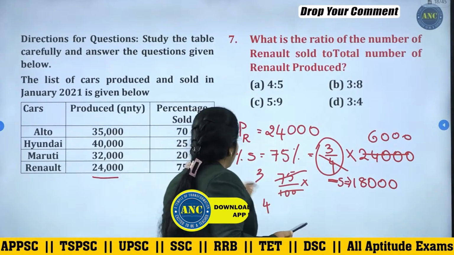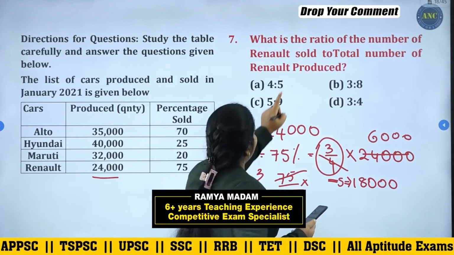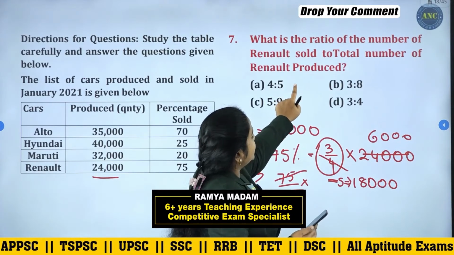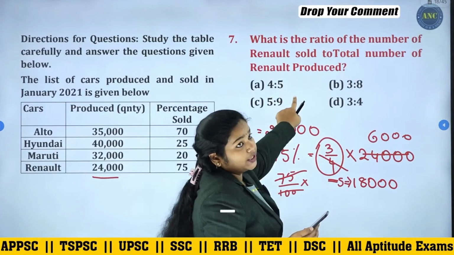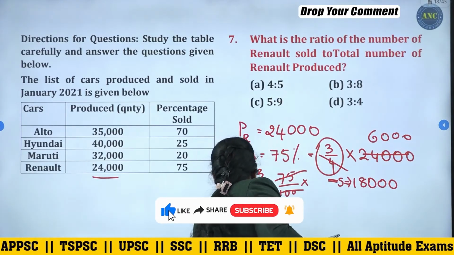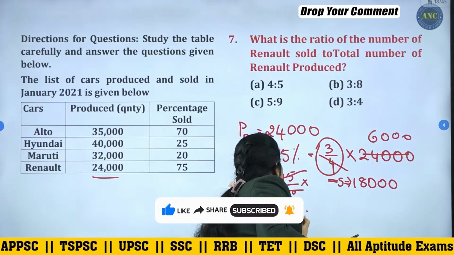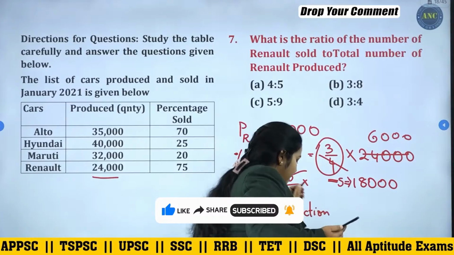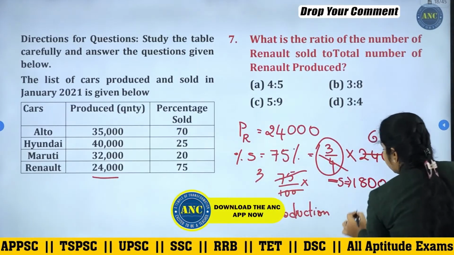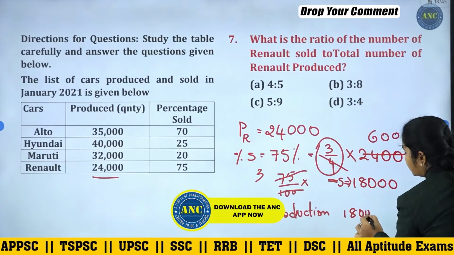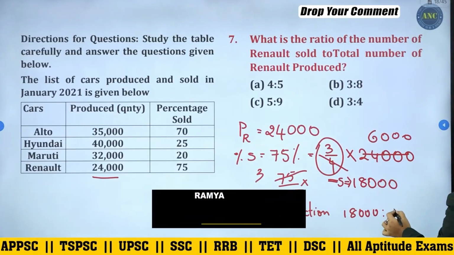So, what they are asking is sale ratio to production ratio. Sale is 18,000 to production is 24,000.